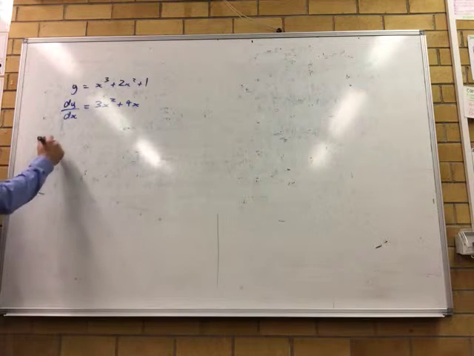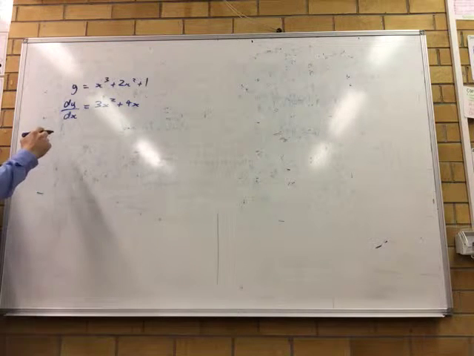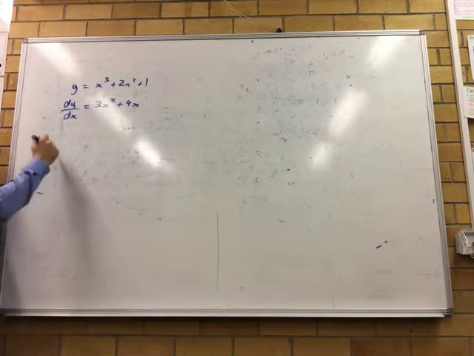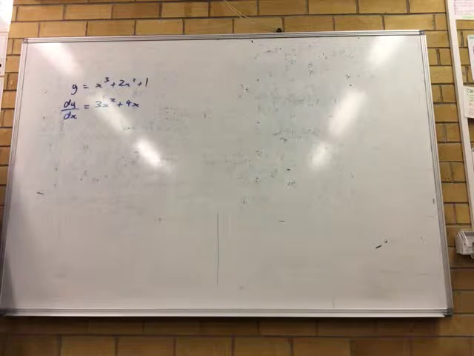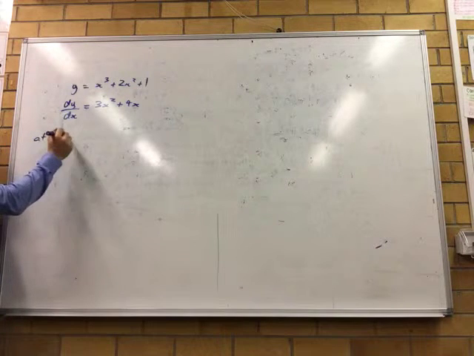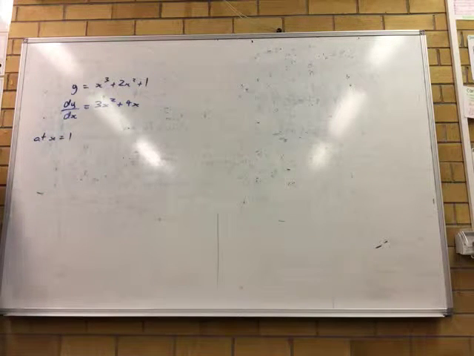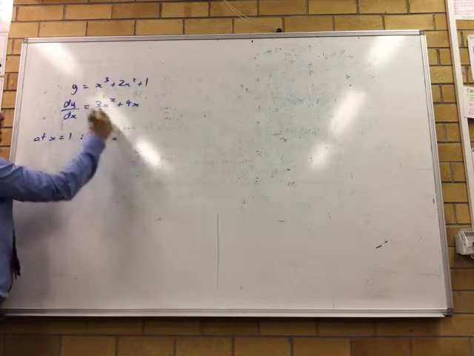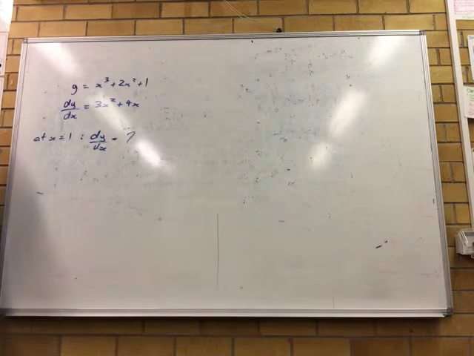That never occurred to me, that dy over dx is actually like y over 1. That makes sense now. So at x equals, let's say 1, we can then determine the slope of the tangent. dy over dx is 3 plus 4, which is 7.